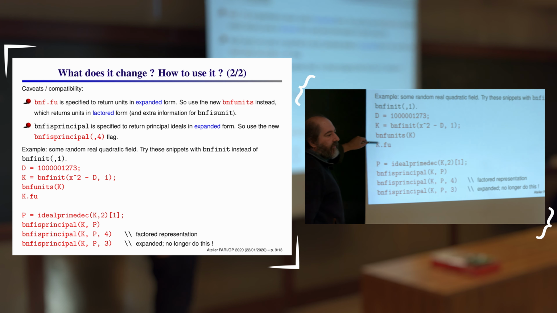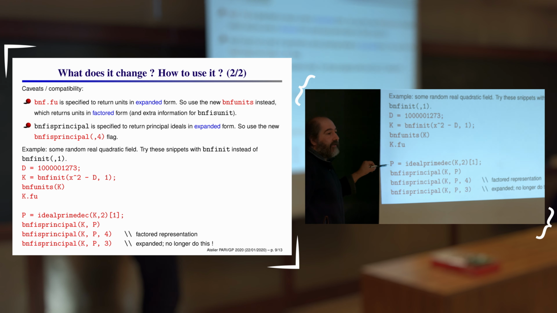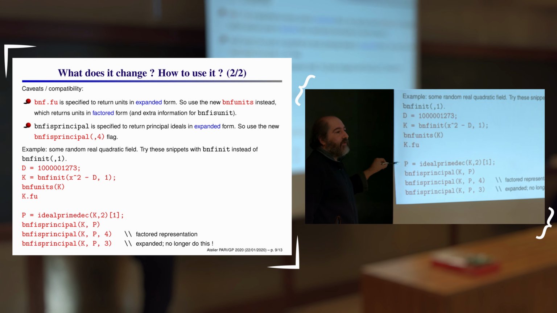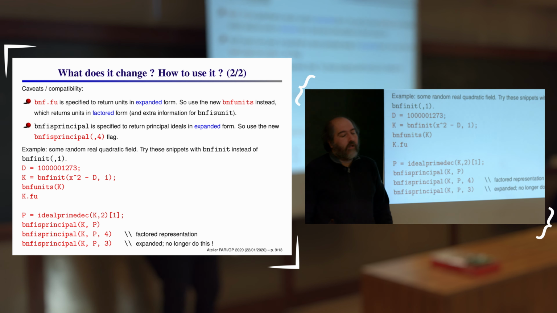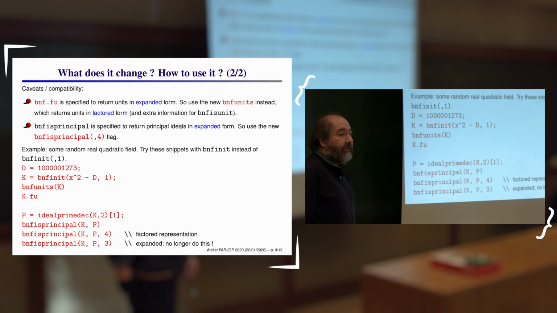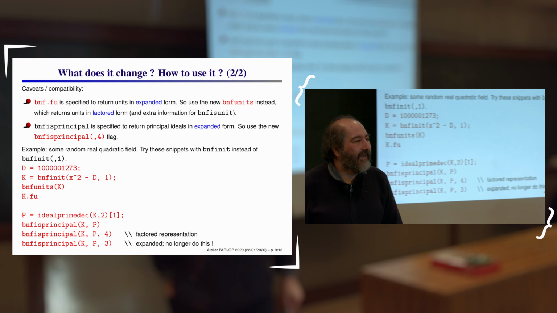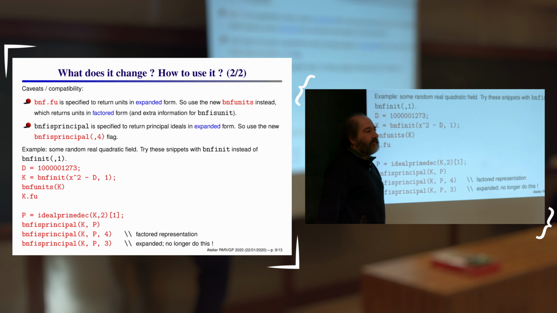And you can compare with the expanded form. And now I'm going to pick a prime ideal above 2, so very, very small norm. So 2 is actually split here. So idealprimedec would return a list of 2 maximal ideals.